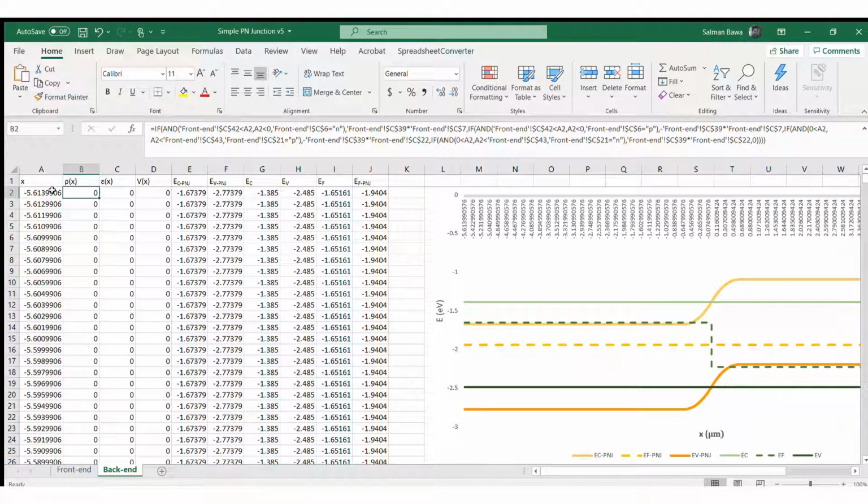And if it is p-type, then the charge density should be minus q n sub a.